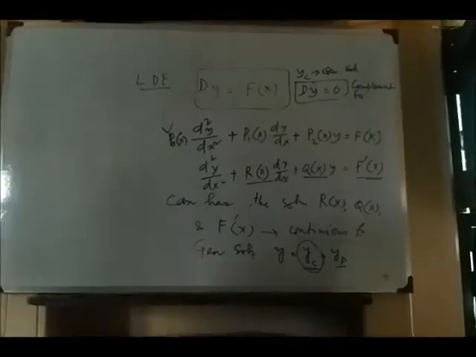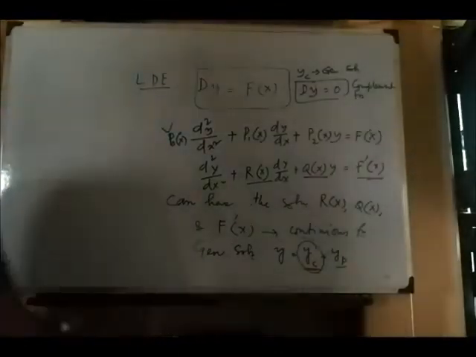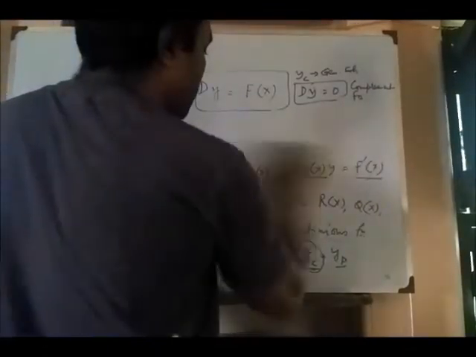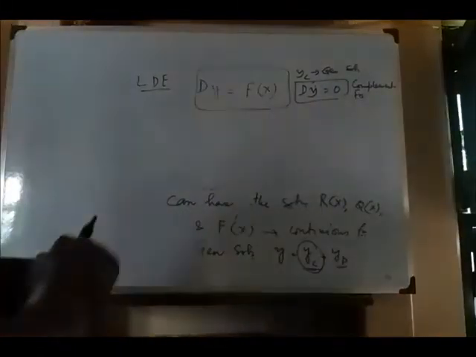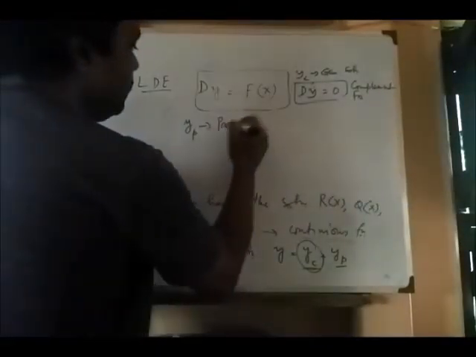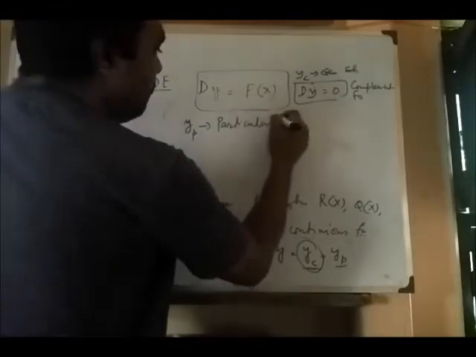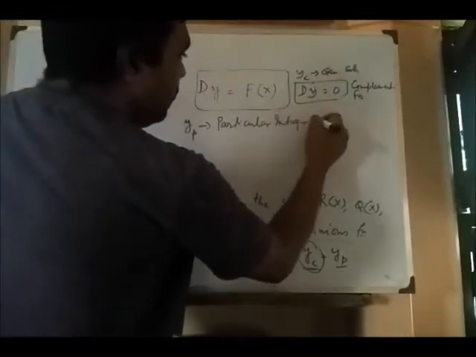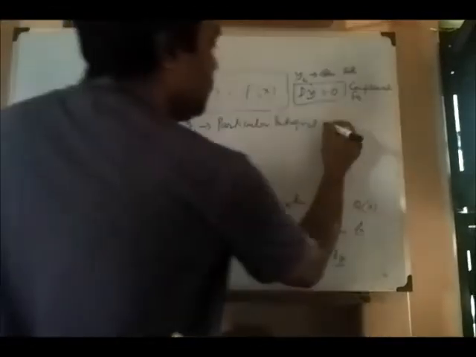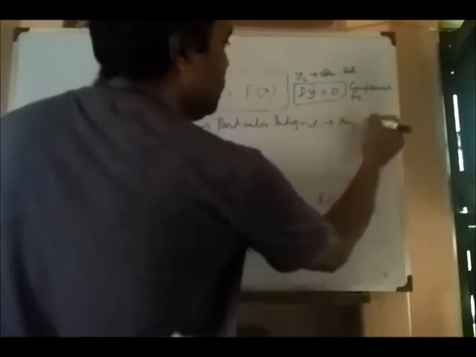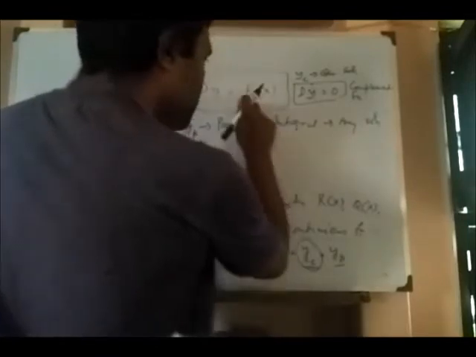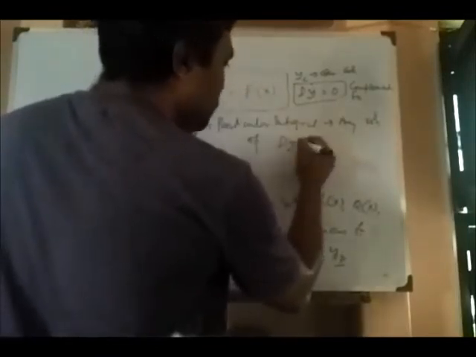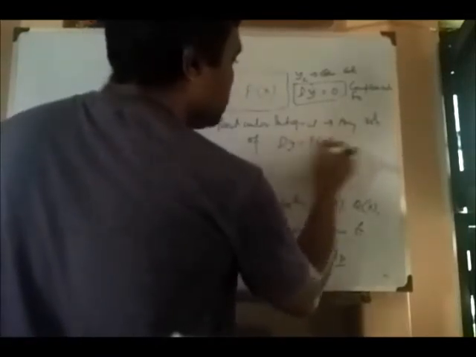Right? And this yp plays a very special role, because yp is called the particular integral, and this particular integral is nothing but any solution of this particular differential equation, dy equal to kx.